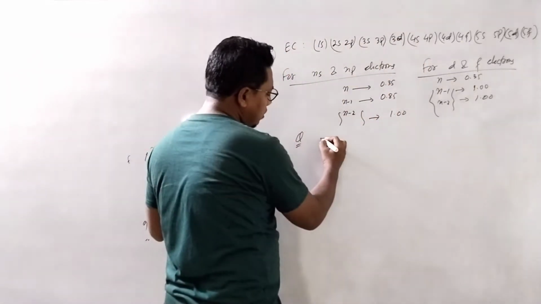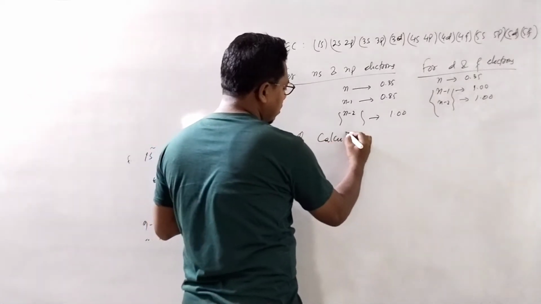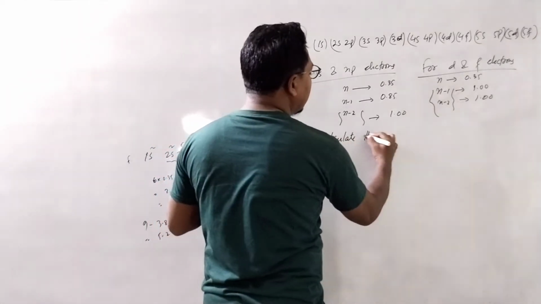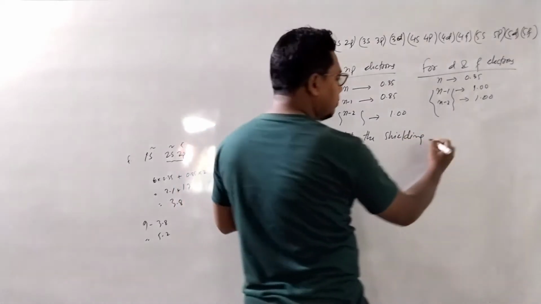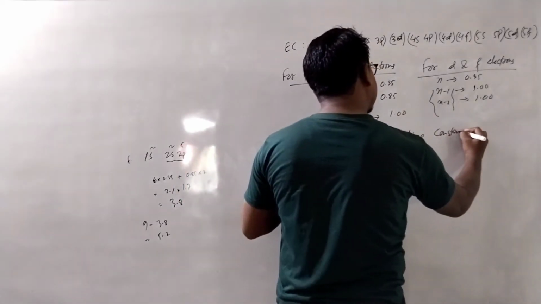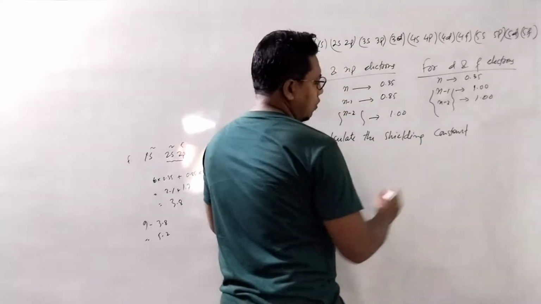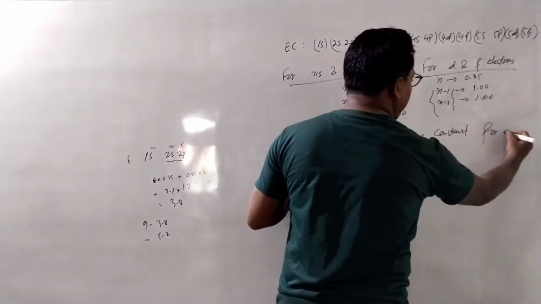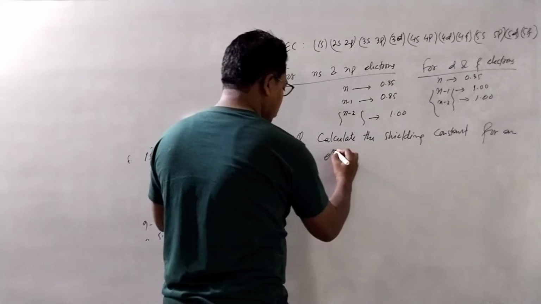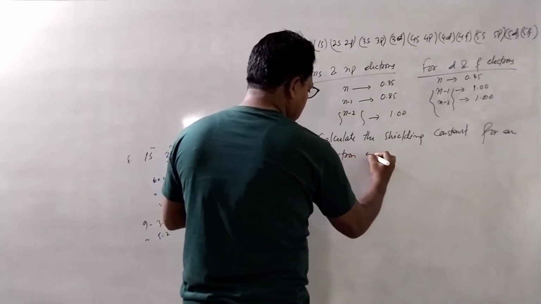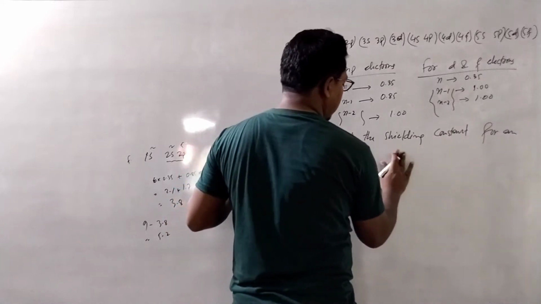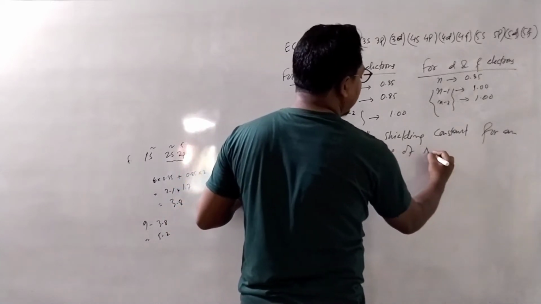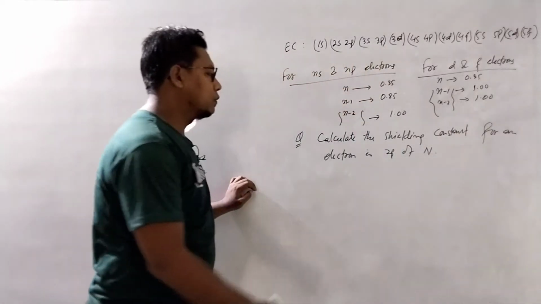The question is, calculate the shielding constant for an electron in 2p of nitrogen, for example.